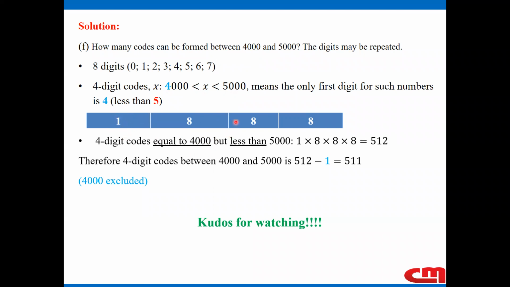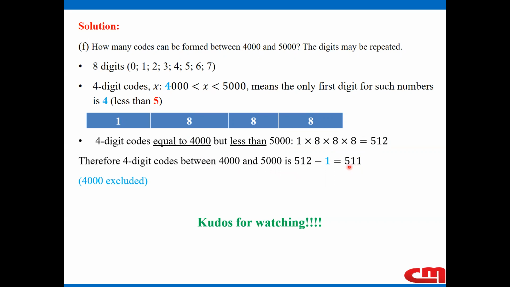But as you do that, since repetitions are allowed, you are bound to get a code which is 4,000, but we don't need it. Once you have that figure, you have to subtract 1 to come up with the 4-digit codes that are between 4,000 and 5,000.